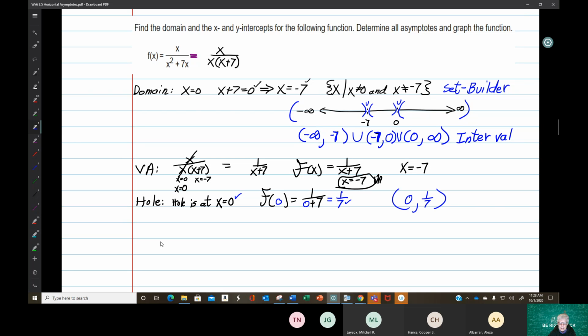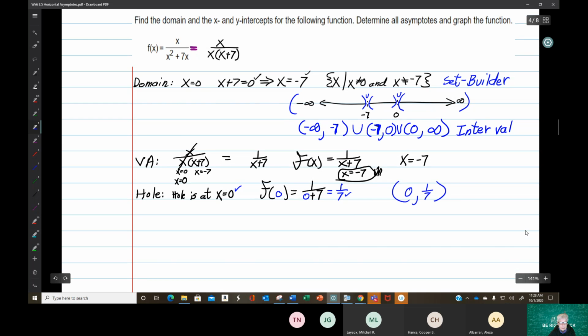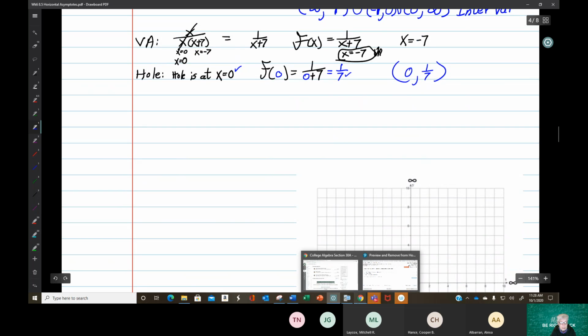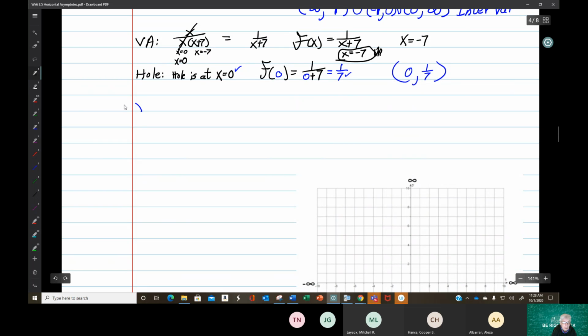Okay, now the intercepts. The x-intercept is going to be a total washout because I have just a number on the top. What would I do?